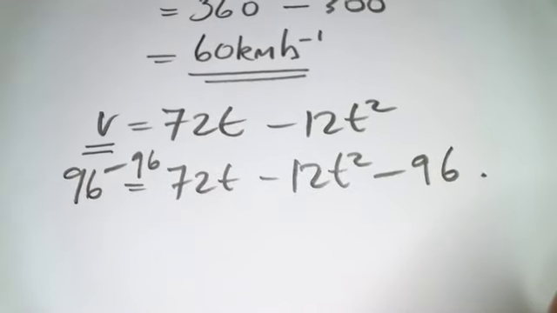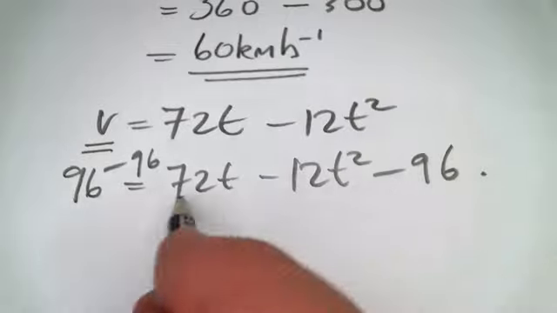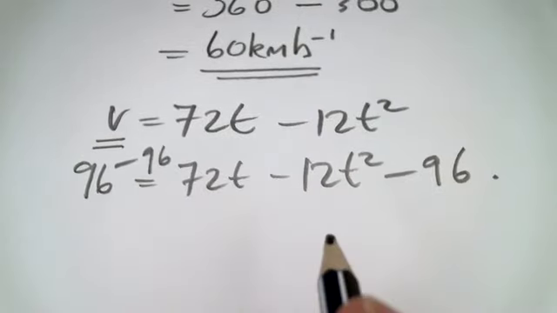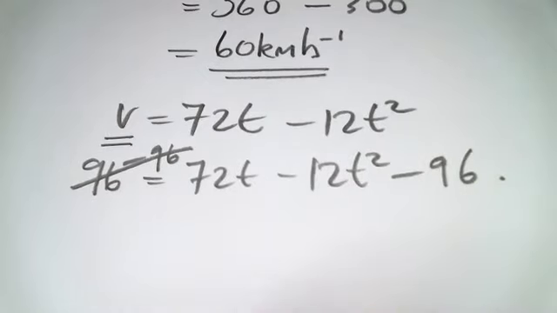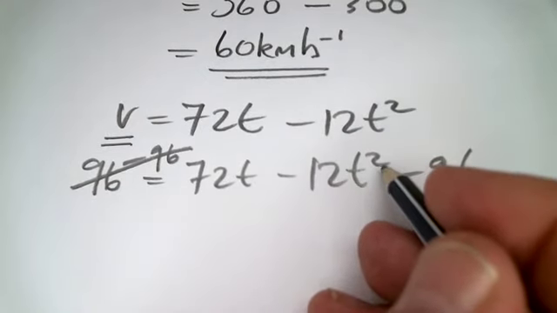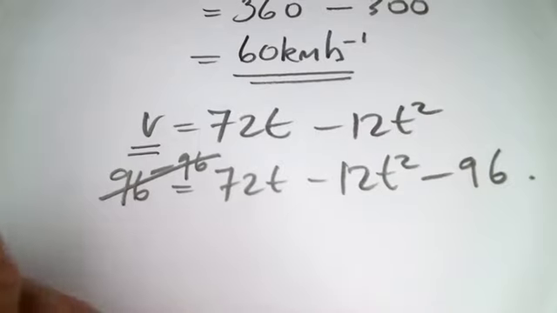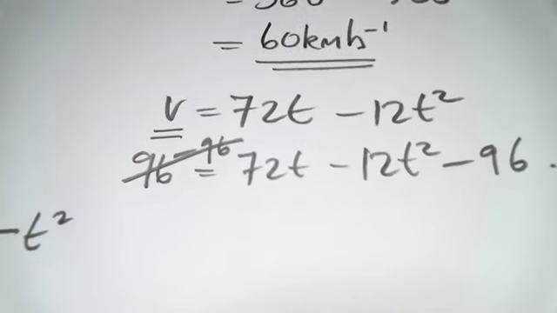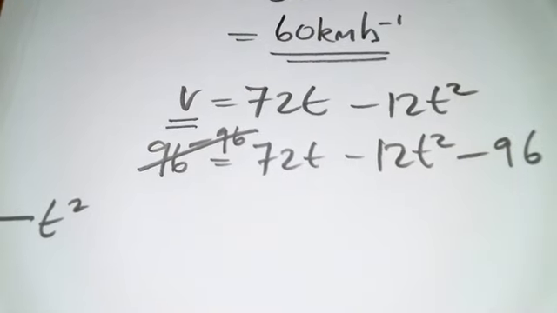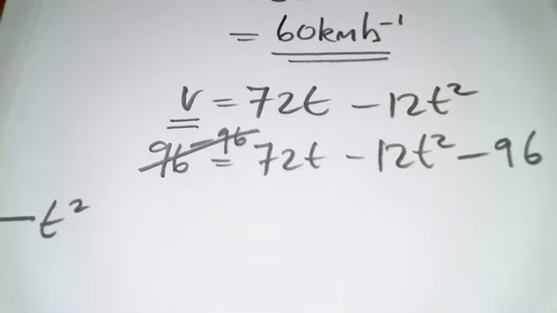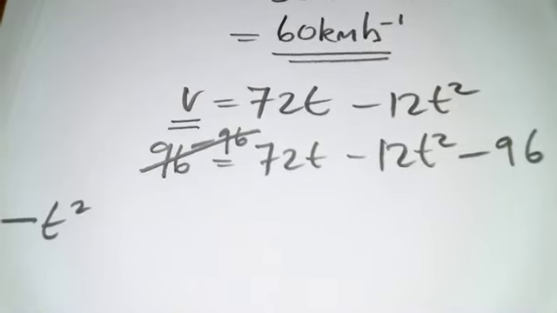I'm noticing here that we can happily divide all of this by 12. So I'm going to restate this. 12 divided by 12 is, of course, going to be 1, so negative 1t squared. 96 divided by 12, that's going to be 8. And 72 divided by 12, that's going to be 6.